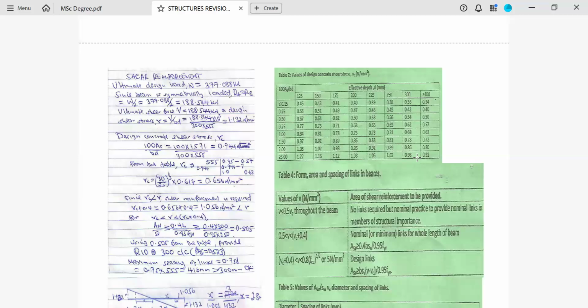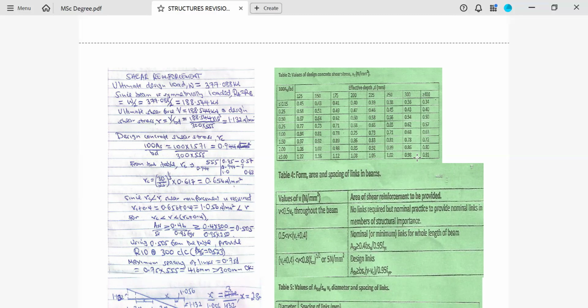This means that the design concrete shear stress is less than the design shear stress. Hence, the beam will need shear reinforcement to help it carry the excess shear stress. That's why we conclude and say, since VC is less than V, shear reinforcement is required.